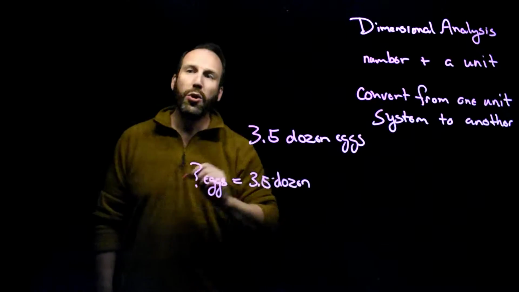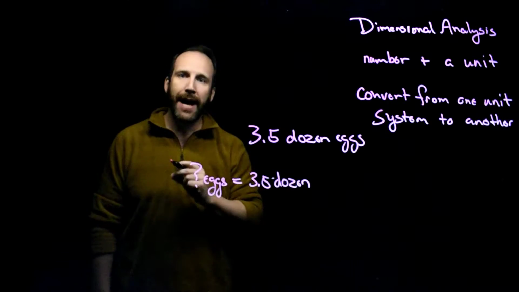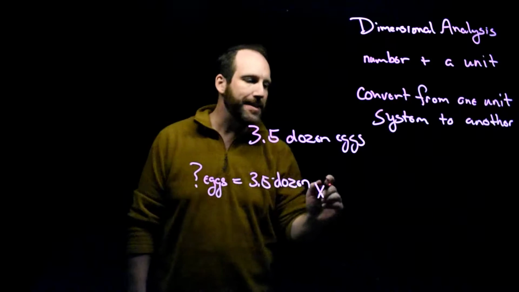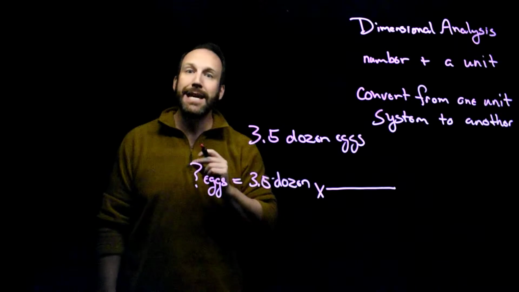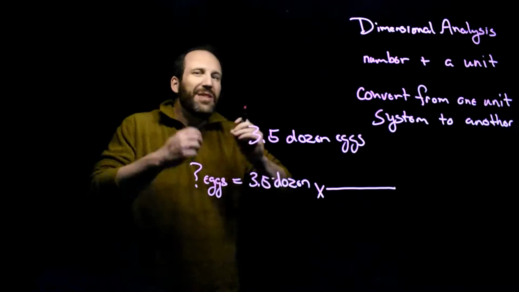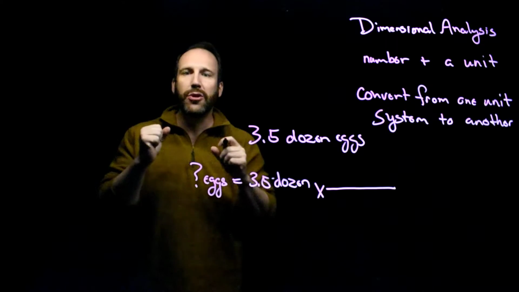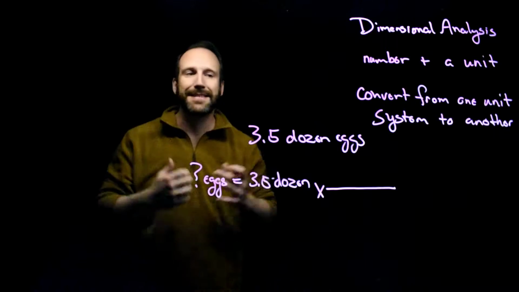Okay? And so in order to answer this question, we again need to know some kind of conversion factor. We are again going to multiply this number by a fraction. And that fraction is going to be our conversion factor. This fact that we know that relates these two different unit systems, dozens and number and eggs, right?